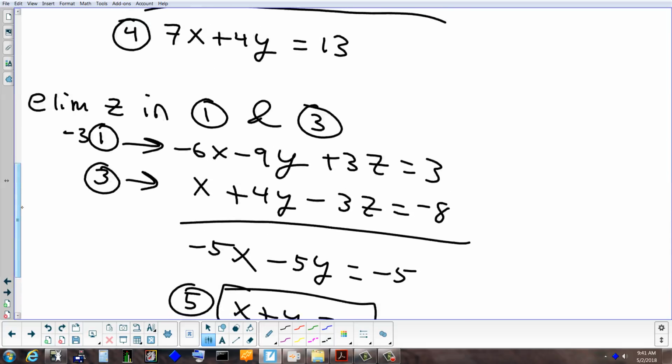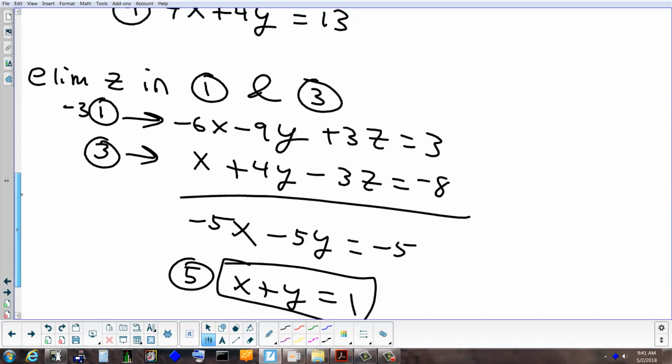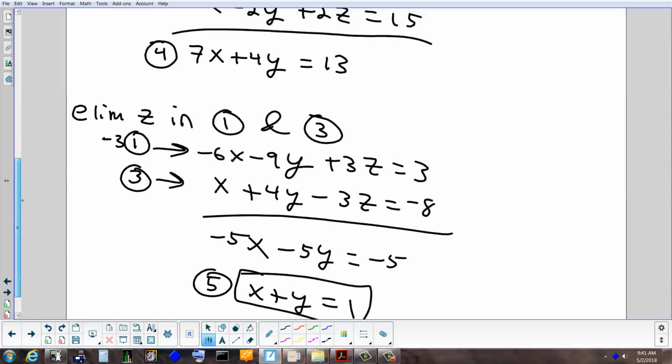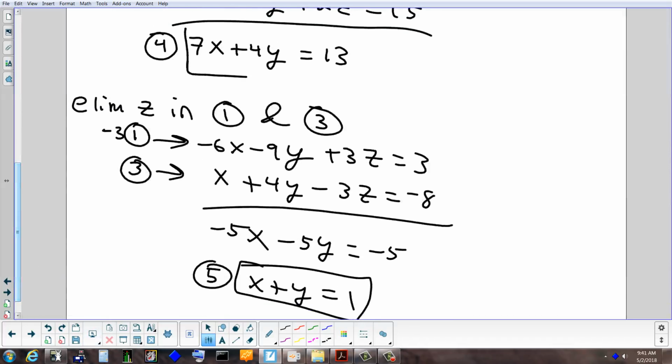Now we're going to deal with equations 4 and 5, and we're going to eliminate a letter in those two. Okay, so you could do substitution or elimination. Sam, do you want to do substitution or elimination? Substitution.